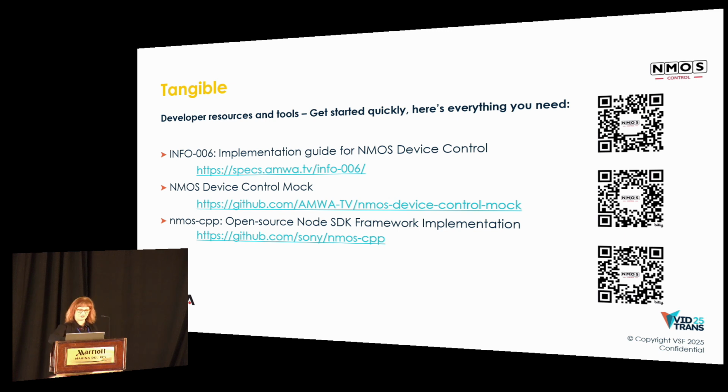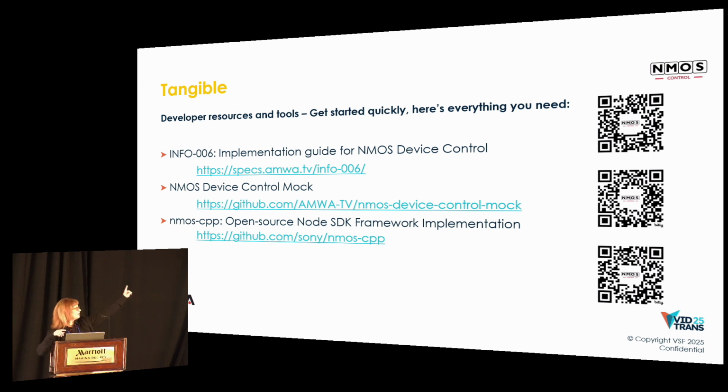And here, this is great for you. Most of the time, an activity doesn't just produce specifications, but it also gives you further developer resources and tools to help with adoption. So in this case, there's a comprehensive implementation guide for NMOS device control, and that looks at both the node and controller implementations and what the expectations are.